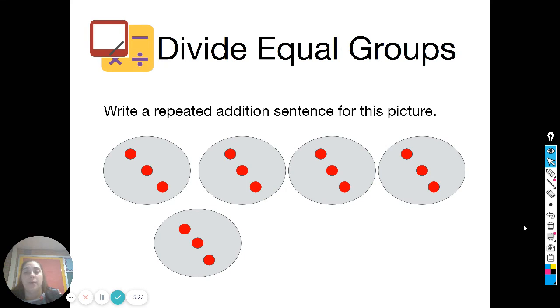I now want you to write a repeated addition sentence for this picture. So repeated means the same number over and over again. Addition means you are adding. Go ahead and write your repeated addition sentence for this picture.